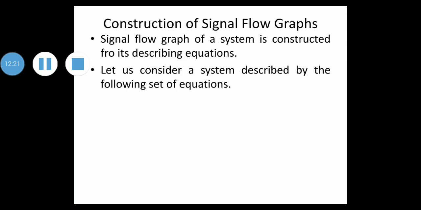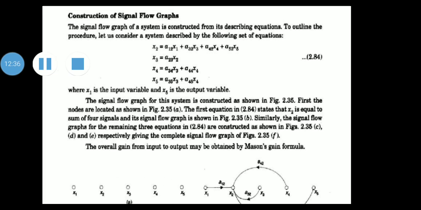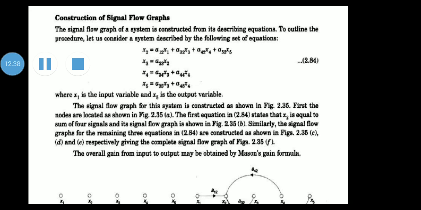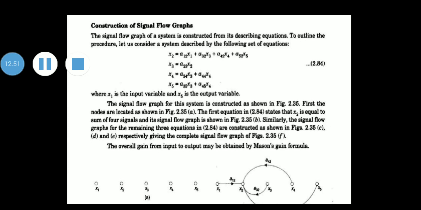Next, construction of signal flow graphs. The signal flow graph of a system is constructed from its describing equations. So we'll consider a system described by the following set of equations.